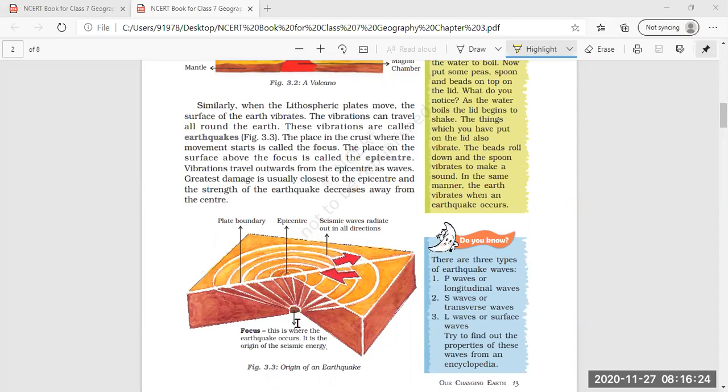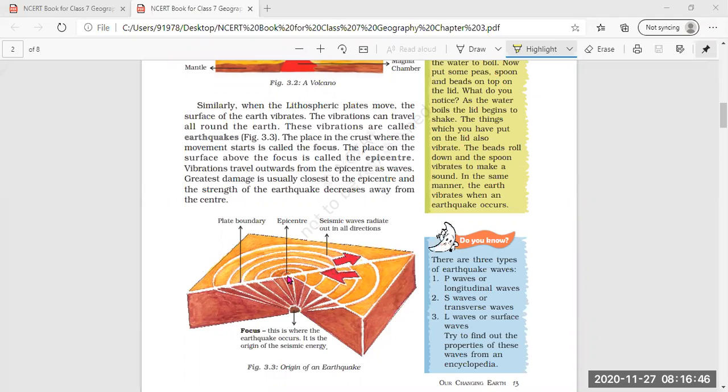Then the place on the surface just above the focus is the epicenter. From the epicenter the vibrations travel all around the earth, and the waves travel all around the earth.